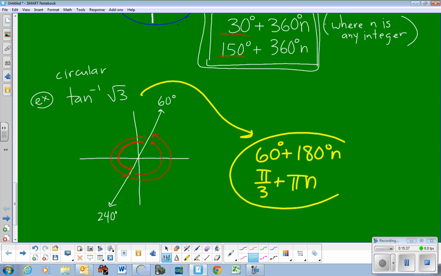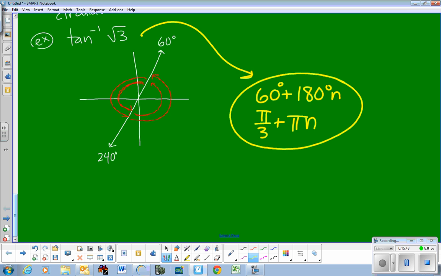So this is the trigonometric and the circular version of inverse tangent of the square root of 3. And again, if they asked me for this inverse tangent of the square root of 3, they're asking me for the one value that lives between here and here. And that is either 60 or pi over 3.